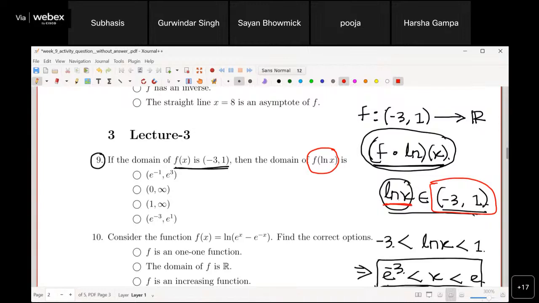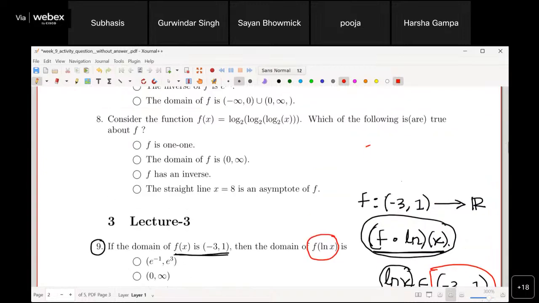So you're talking about the range. You have written -3, comma 1. So when I'm talking about this composition, F compose G, this thing makes sense when G of x is inside the domain of F, right?